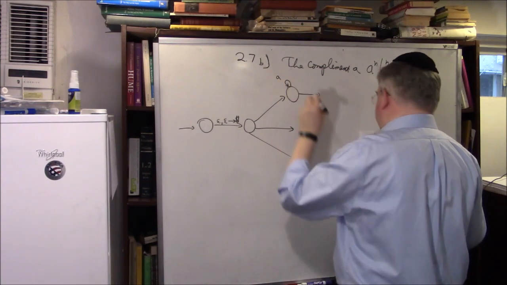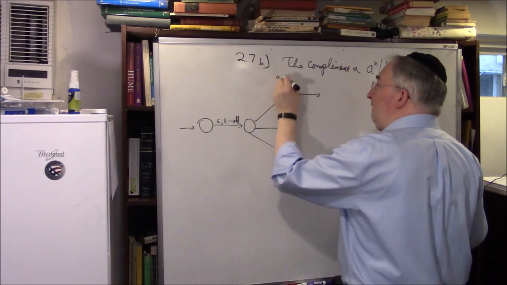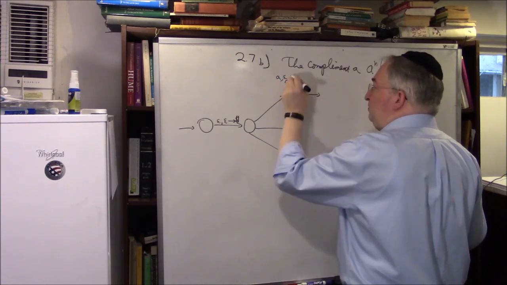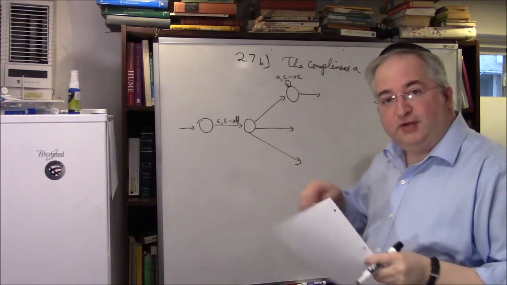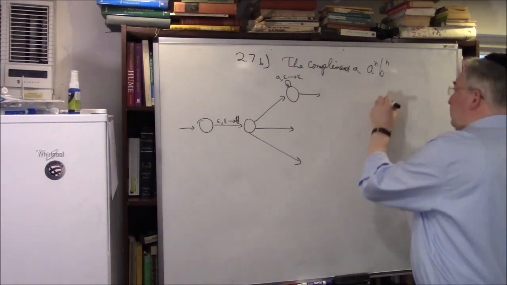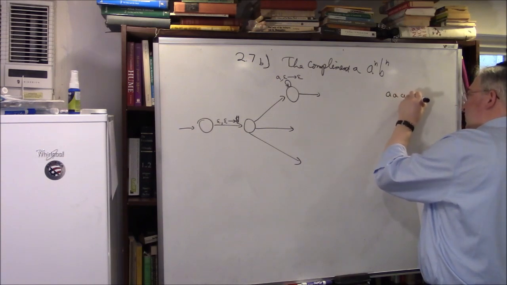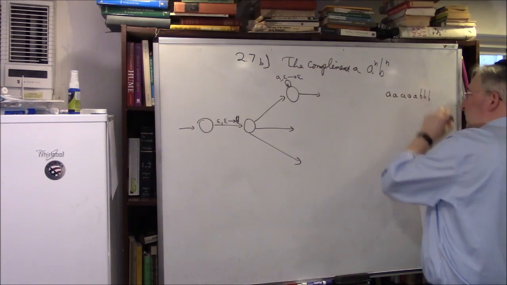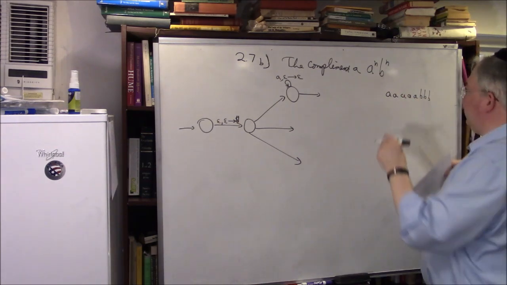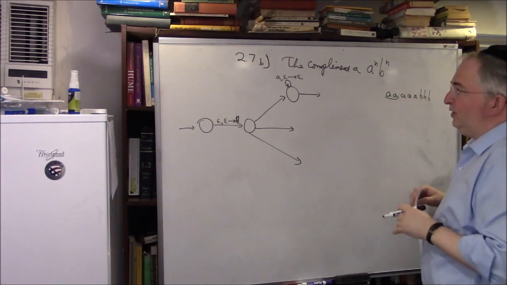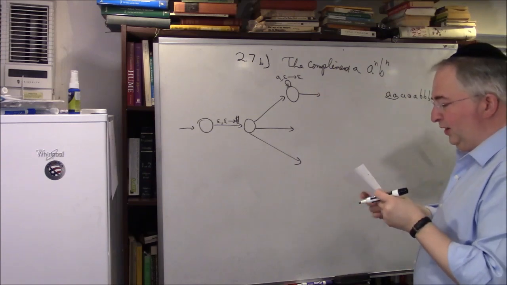I read an A. I don't pop anything, I don't push anything. Read a bunch of A's. In other words, a typical word here is A, B, B, B. So this has the same number of A's and B's, except these 2 are extra. So let's push those 2 on.